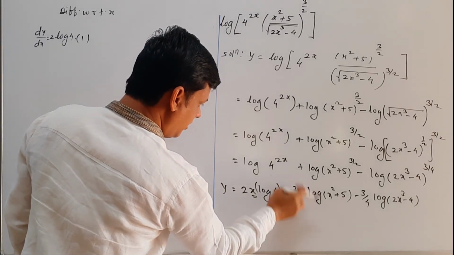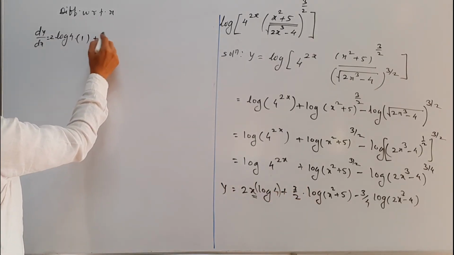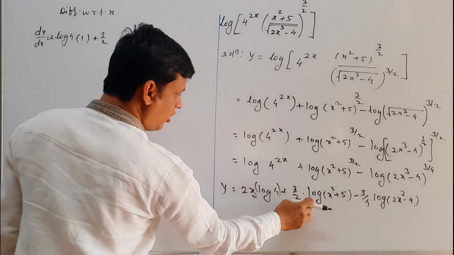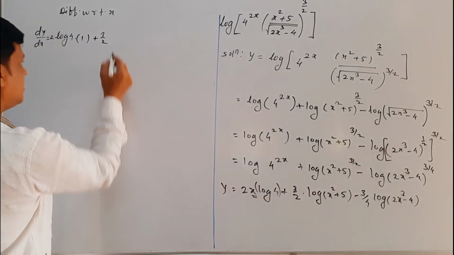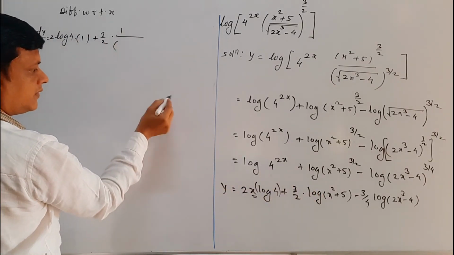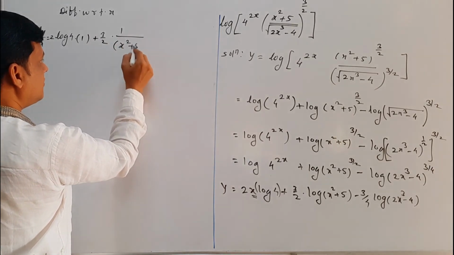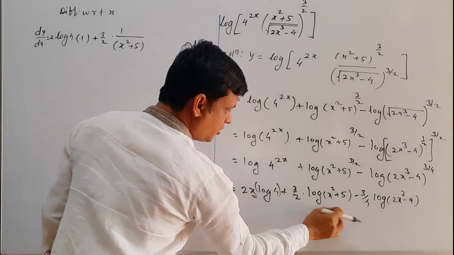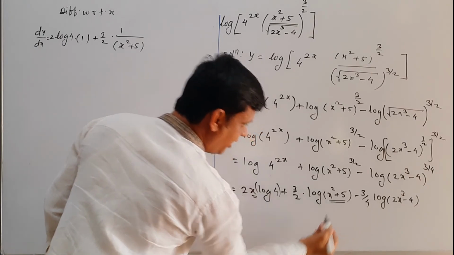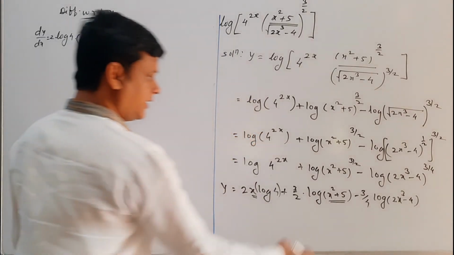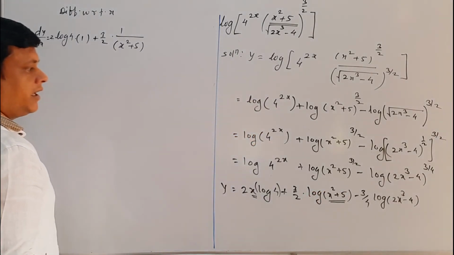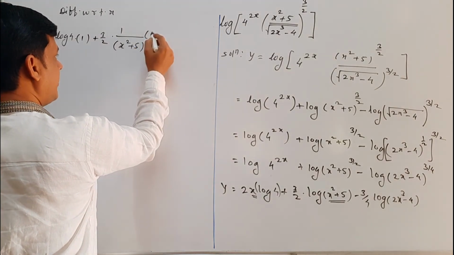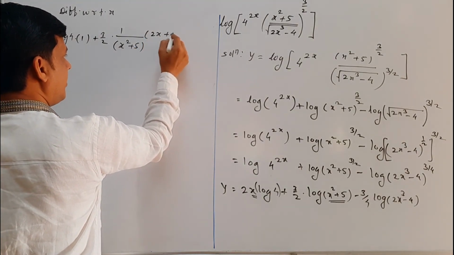Then 3 by 2 is constant with the log function, so the derivative of log is 1 upon x square plus 5. Now this is a composite function, so we also have to find the derivative of the inner function, that is the derivative of x square and the derivative of 5. The derivative of x square is 2x and the derivative of 5 is 0.